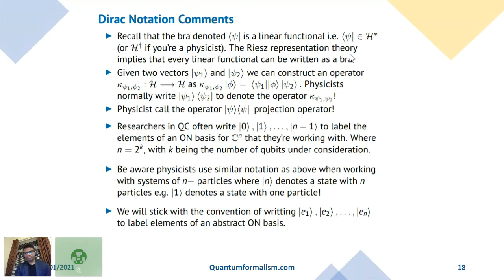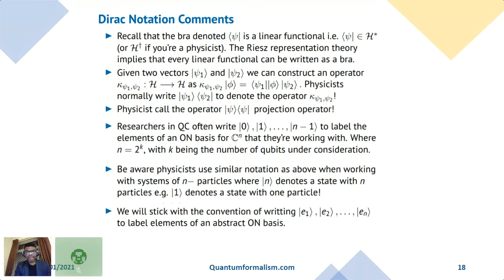For those of you who don't know what we are talking about, I recommend you go back and watch the previous session to see how the bra is constructed from the inner product. What the Riesz representation theorem says is that every linear functional can be written as a bra.